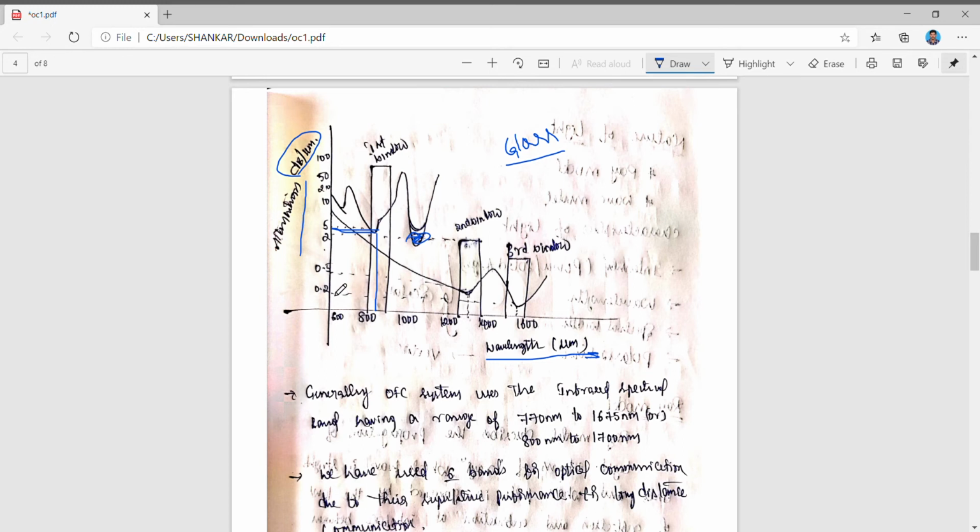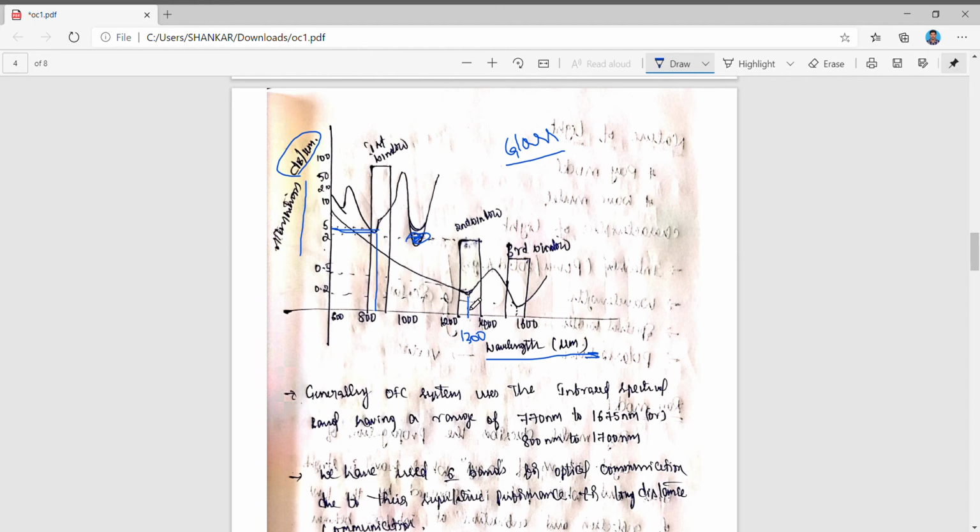See the diagram here, at around the 1300 nanometer wavelength, the attenuation changes quite a lot from that at 850 nanometers.